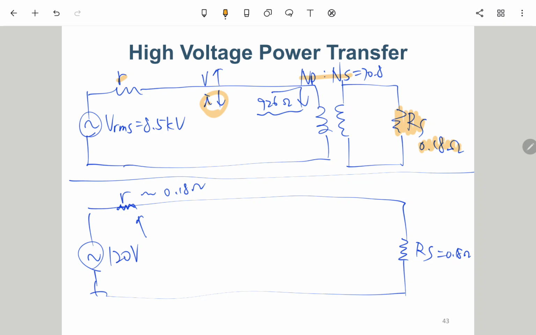But if we don't use the transformer, if we don't use high voltage to transfer the power, we have a large I, so I squared times R will be large. So there will be quite a lot of energy loss in between. That's the story about the power transfer.